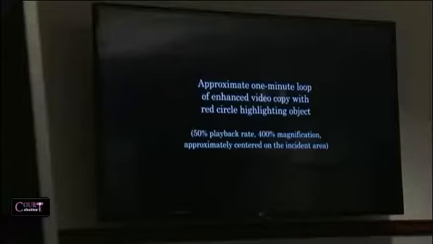Now, again, Mr. Koenig, this is 50% playback, 400% enhanced? Yes, sir. 400% enlarged, excuse me.